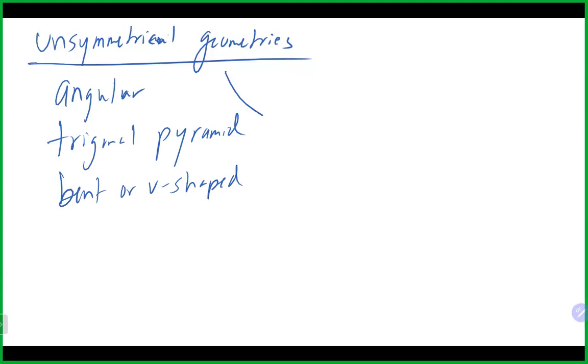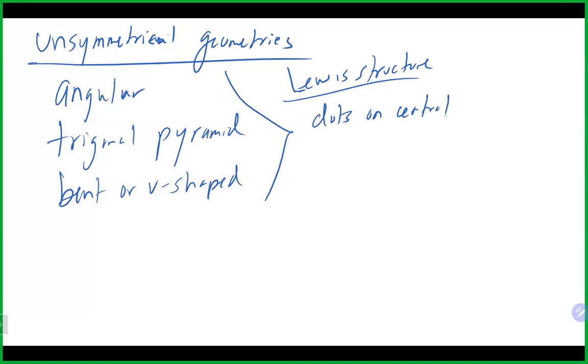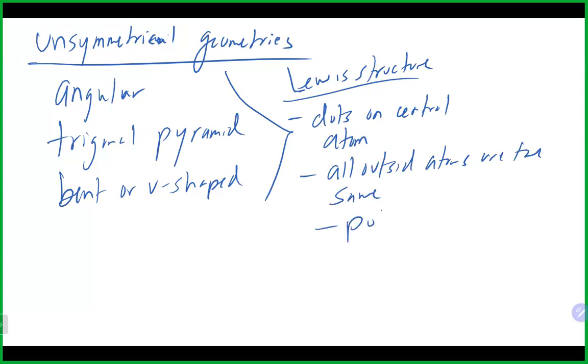And what each of these sort of have in common is if you draw your Lewis structure, you will have dots on your central atom. And if all the outside atoms are the same, then it's a pretty safe bet that that's going to be a polar molecule.